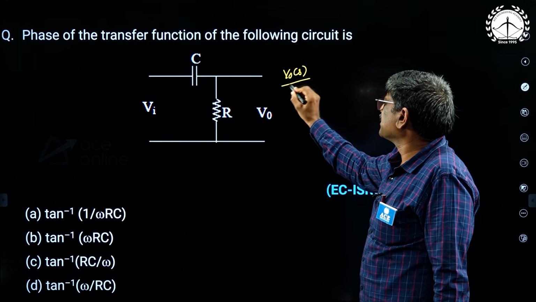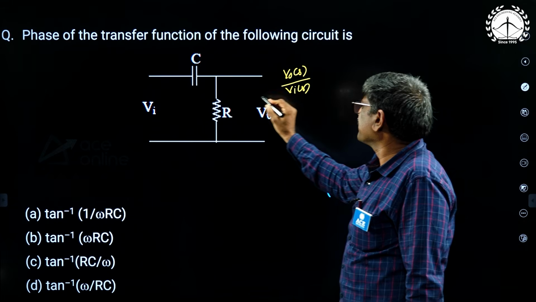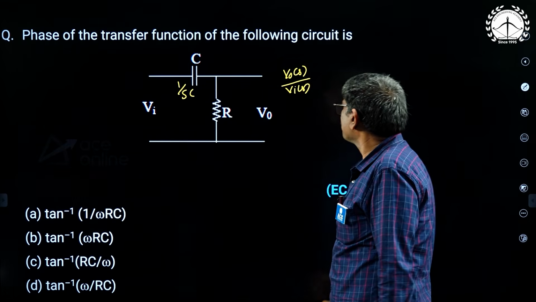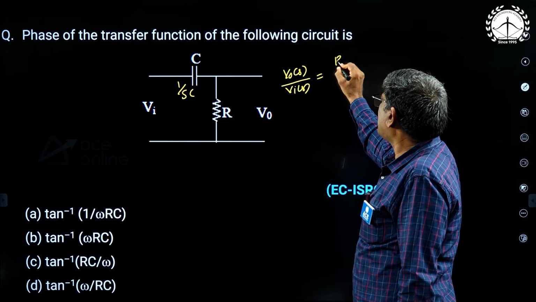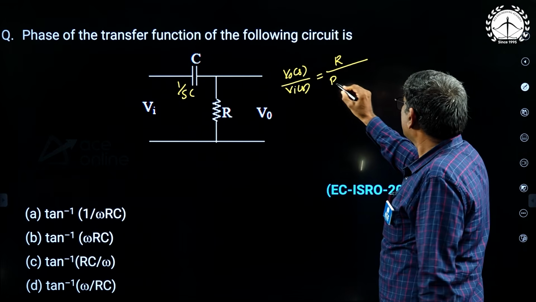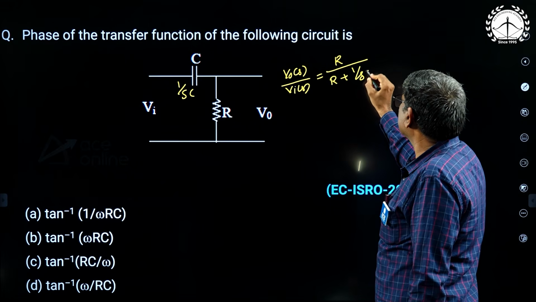V naught of S by VI of S. So here what is the Laplace of capacitor? 1 by SC. So what are we getting? R divided by R plus 1 by SC.